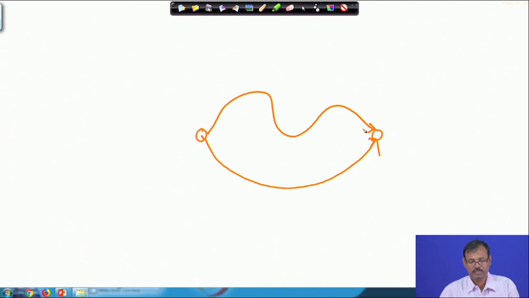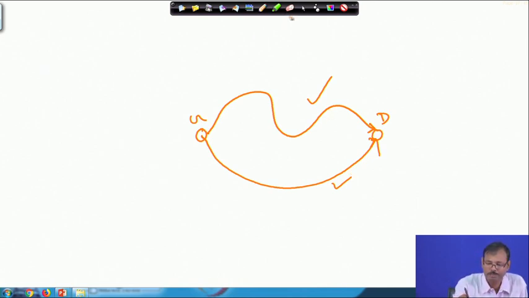So that means the job, the activity, is going from Ghaziabad to Delhi, but the paths are different. This is one path, this is another path, and these paths, these activities, are shown by the arrow.